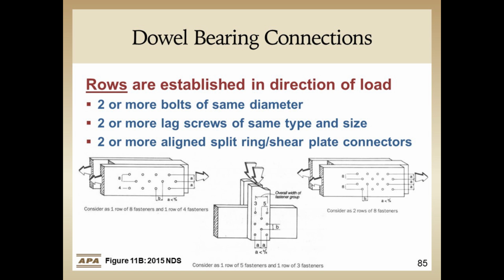Where fasteners in adjacent rows are staggered and the distance between adjacent rows is less than 1/4 the distance between the closest fasteners in adjacent rows measured parallel to the rows, the adjacent rows shall be considered as one row for purposes of determining group action factors. For groups of fasteners having an even number of rows, this principle shall apply to each pair of rows. For groups of fasteners having an odd number of rows, the most conservative interpretation shall apply, which is figure 11b.